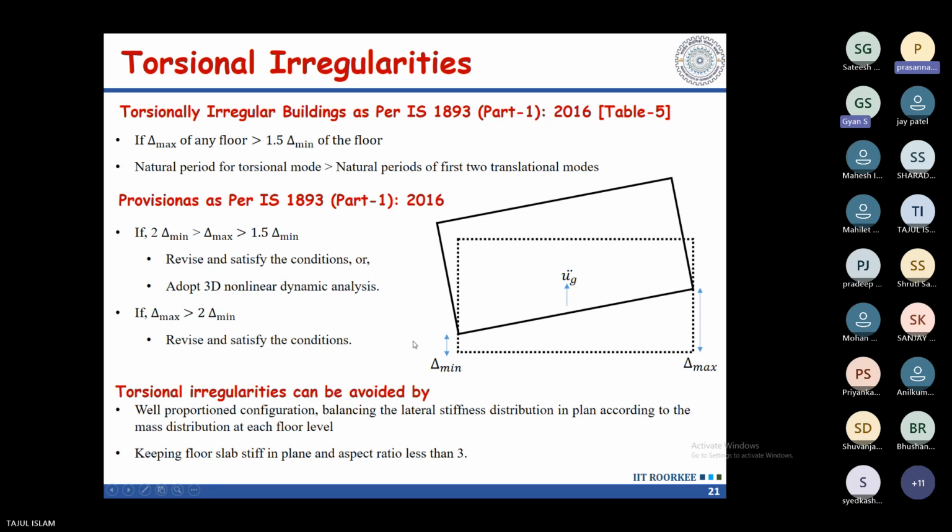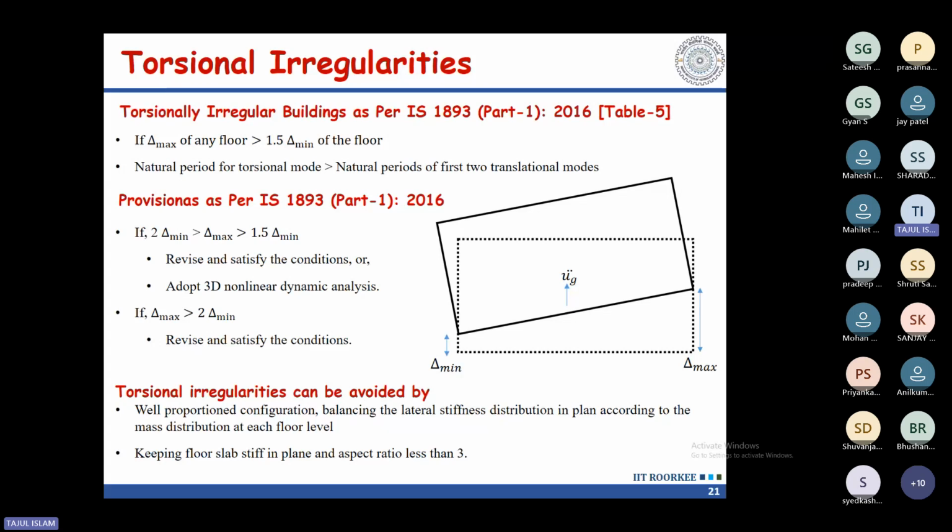In between 1 to 1.5, if this factor is coming, then you have to consider the dynamic component of eccentricity. But if it is more than 1.5 but less than 2, that time you have two options.